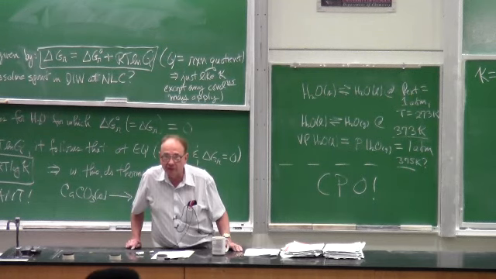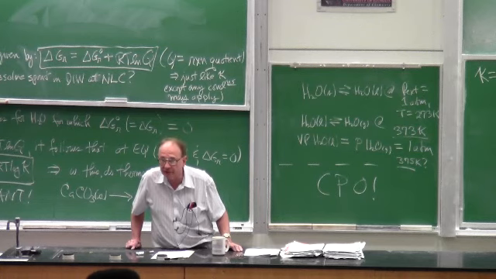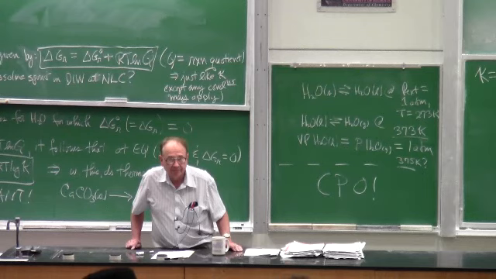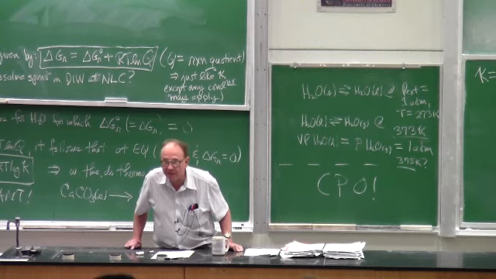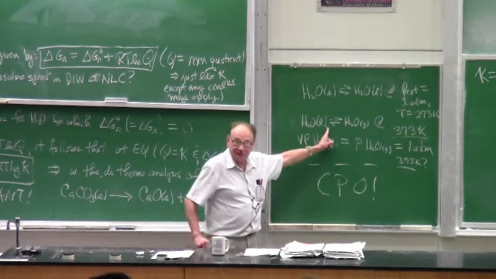So if I have this water liquid at a temperature above 373 K, and above the water liquid is water vapor, and nothing but water vapor, and I squeeze so as to apply a pressure of greater than 1 atmosphere, then I can get this to exist.